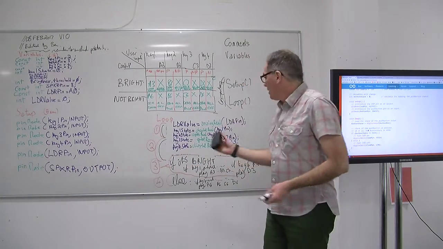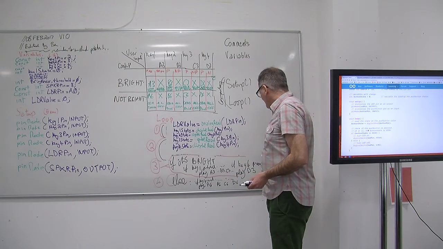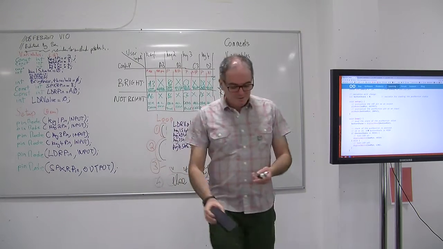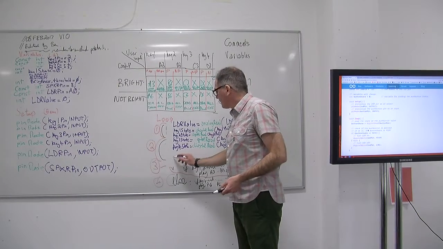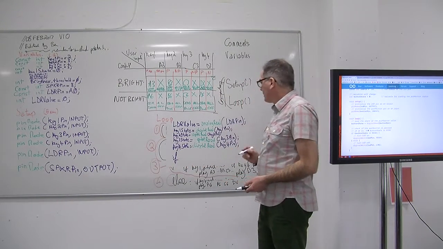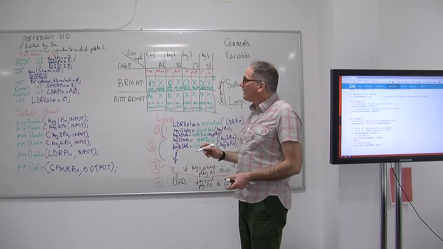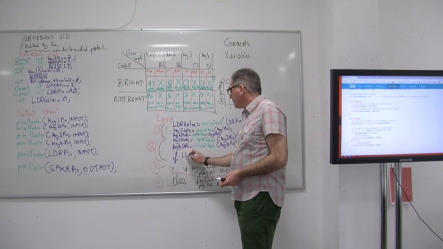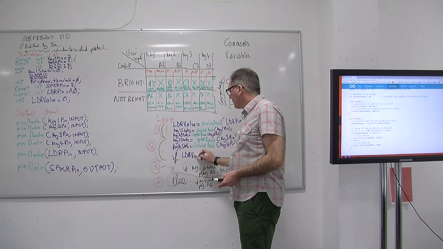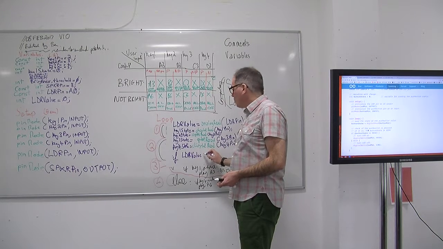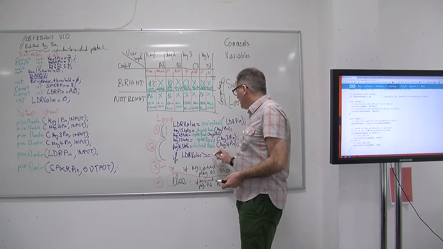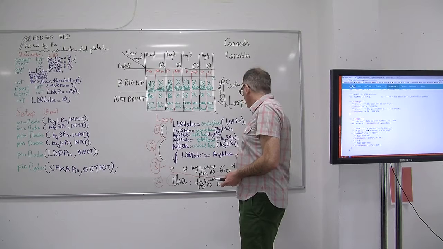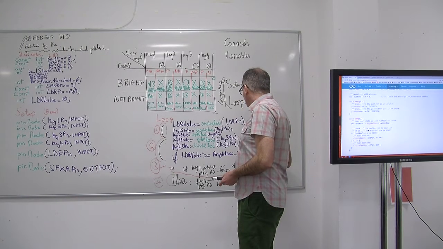Next, we have if it's bright. So that, we know how to do that. If it's bright, that becomes this. If LDR value is more or equal brightness threshold.